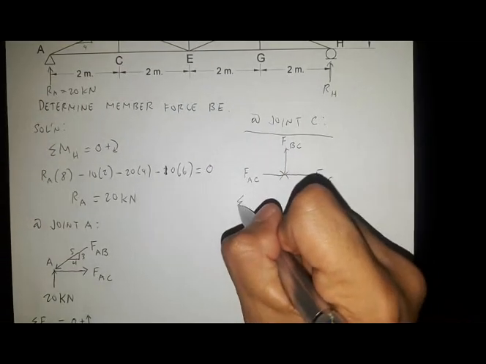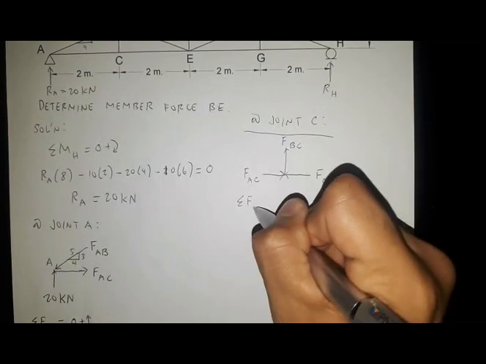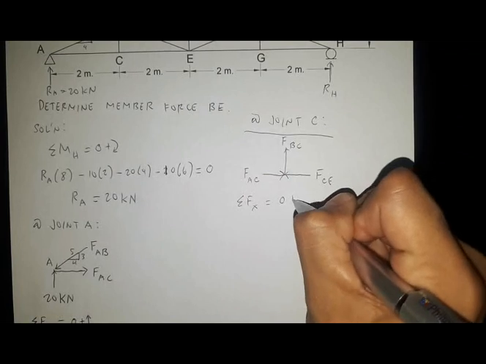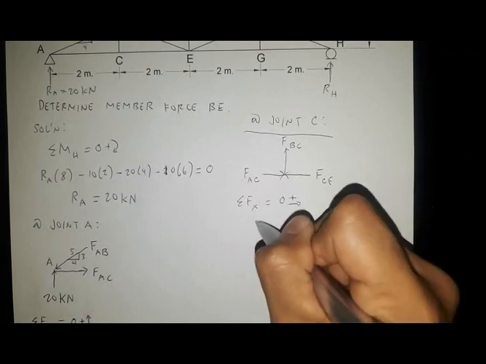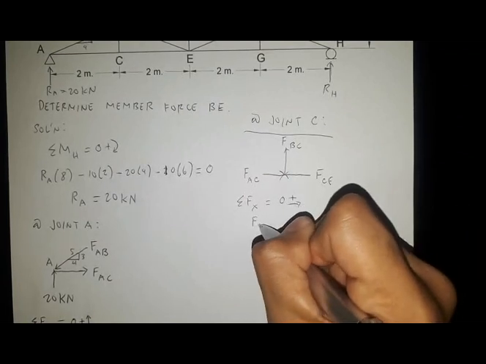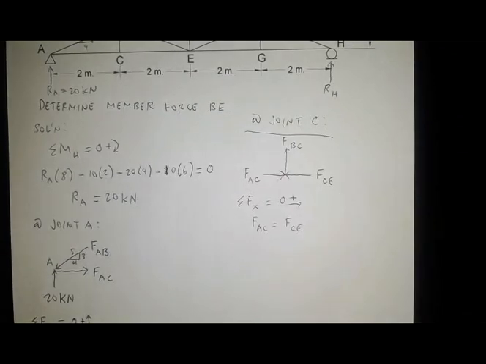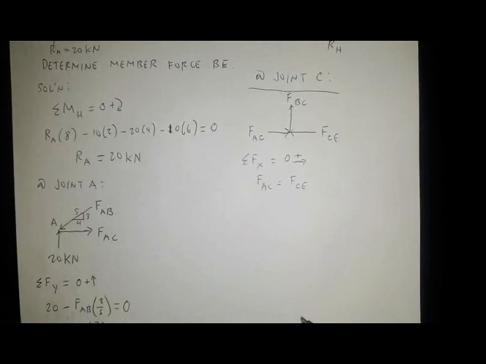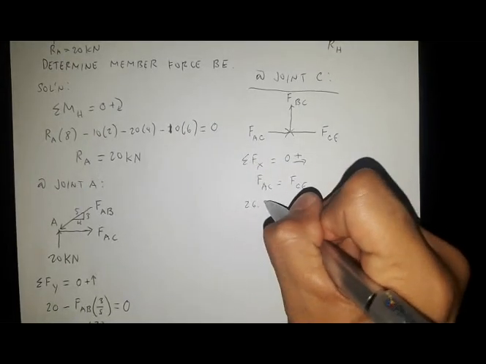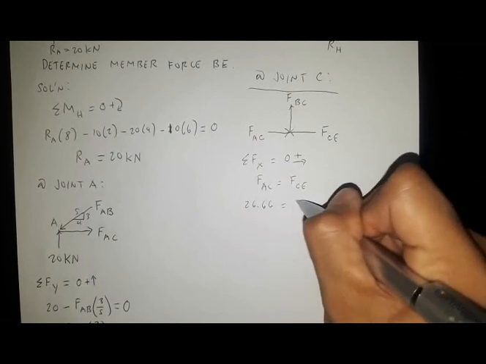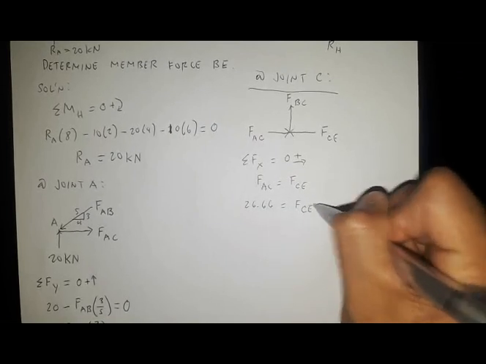So by summation of forces along X equals 0, we have FAC equals FCE. So we have 26.66 equals FCE.